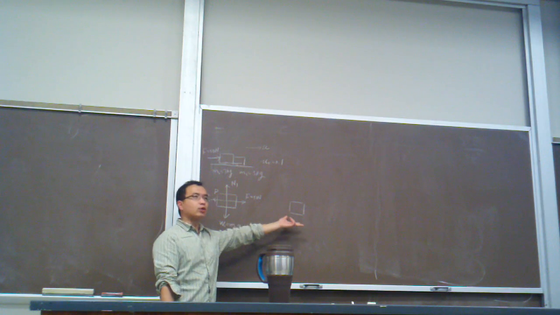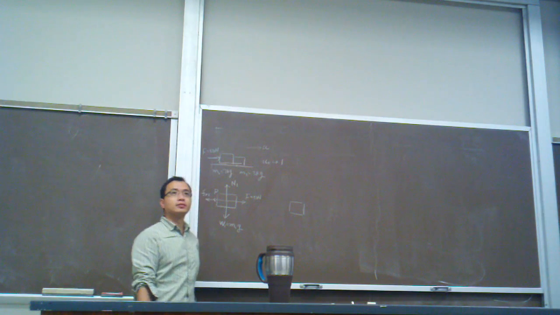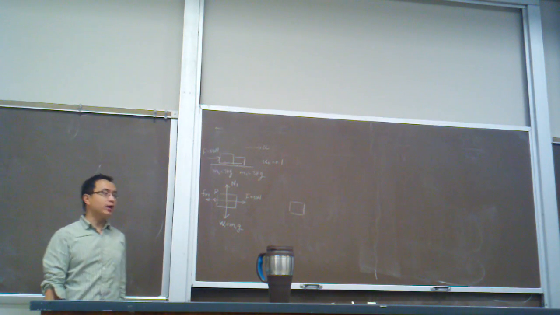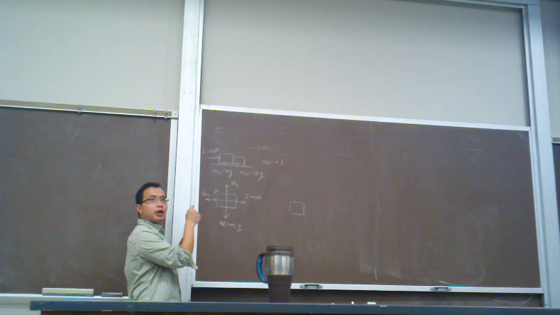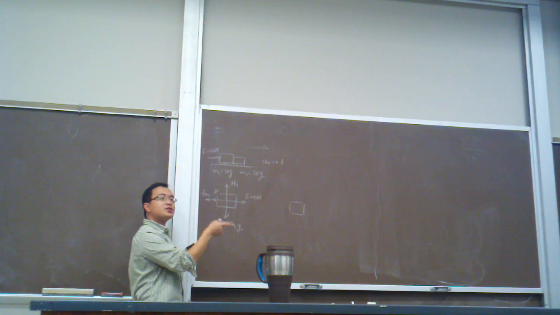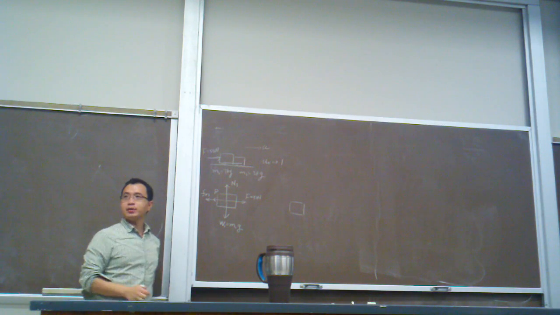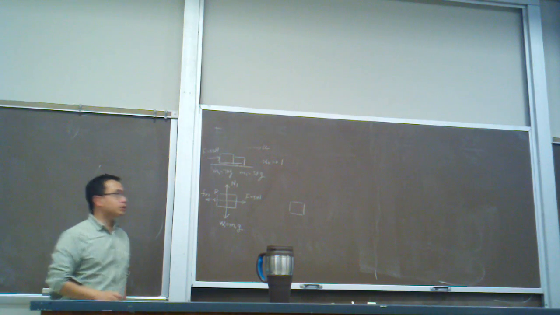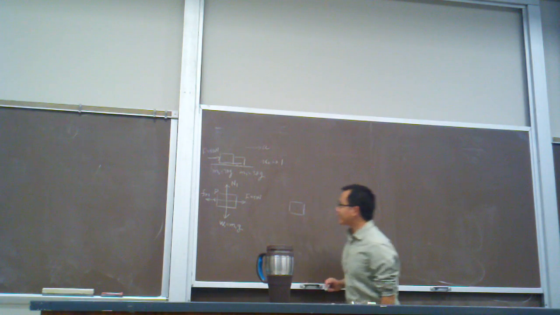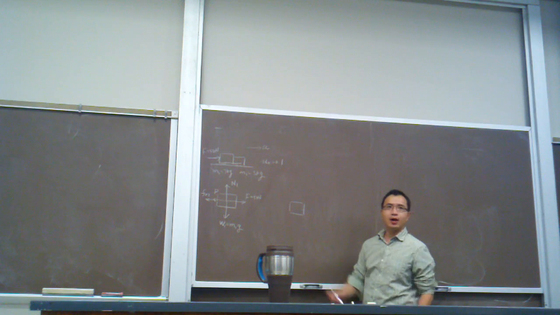So whatever you call it, F12 or F21 or P, they are the same. In a more standard way, you will want to call it F12, the force acted on 1 by 2. Okay. Any question here? So now, let's plot the forces acted on the second part.